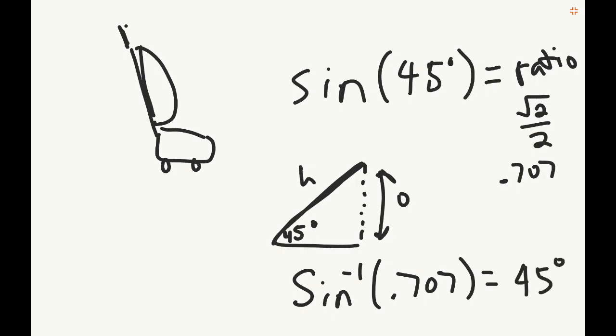Okay, so this takes a fundamentally different thing in from what it spits out, and you could have the reverse function and it takes the other thing in. So it takes a ratio like 0.707 and it spits out an angle. That's the sine inverse function, and the regular sine function takes in an angle and spits out a ratio, a number. So those are two fundamentally different things from each other.